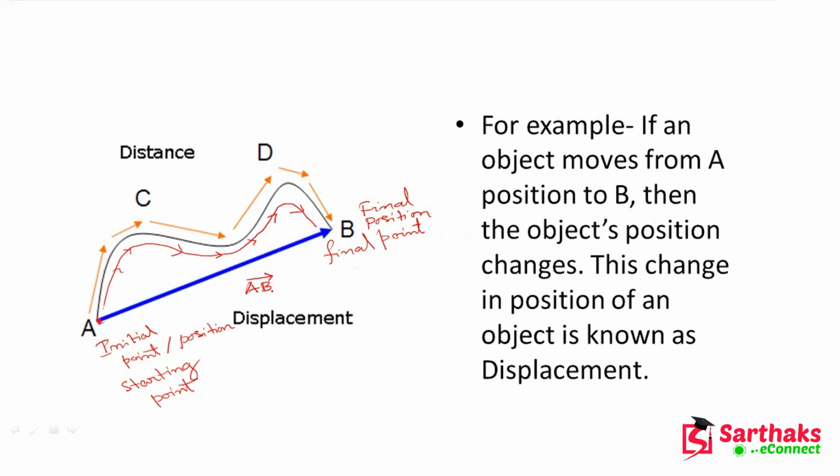It is a vector quantity, right? So if an object moves from position A to position B, then the object's position changes. This change in position of an object is known as displacement.